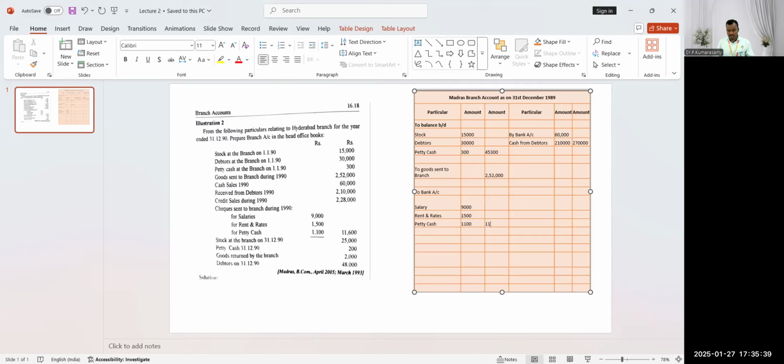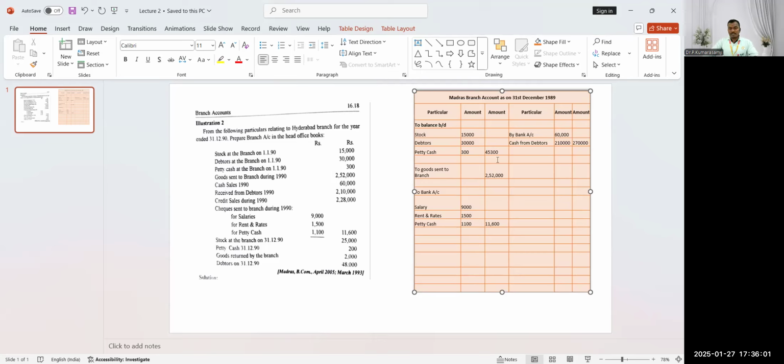Total amount is 11,600. Okay, over. Then closing balance of debtors, closing balance of stock, closing balance of petty cash. These three items are taken and written on the credit side.